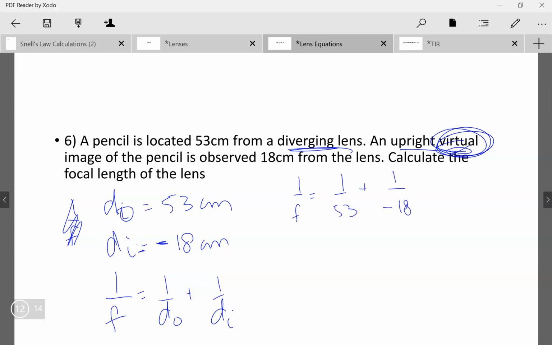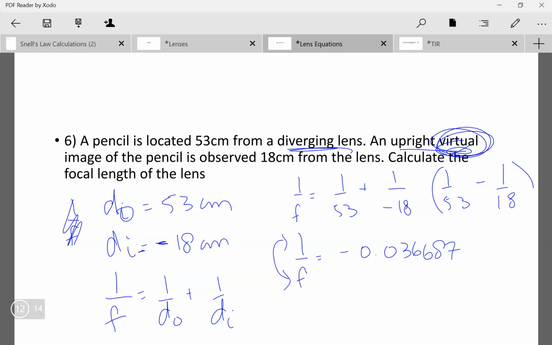So that's basically 1 over 53 minus 1 over 18, right? That's what I'm doing. But I can just put 1 over 53 plus 1 divided by negative 18 right in my calculator, and I get 1 over f is negative 0.036687. Hopefully we see the pattern now. The last step is always taking the flip of this thing.